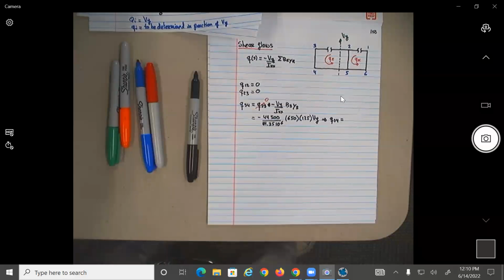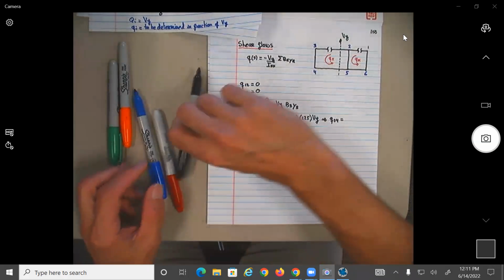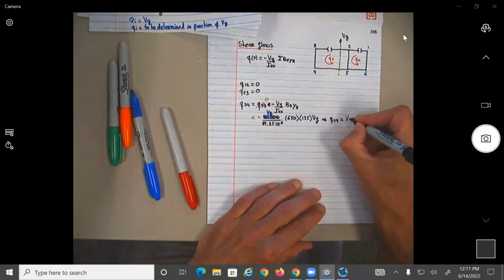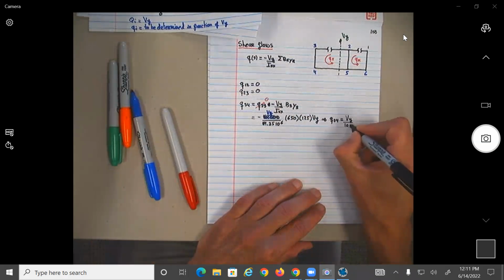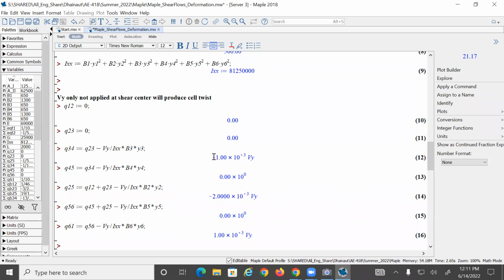So can someone do that calculation, please? Okay, so it gives Vy over 1000, which is good. I wanted you to check this value here because I didn't know if it rounded off, but basically that's what we get here, no?